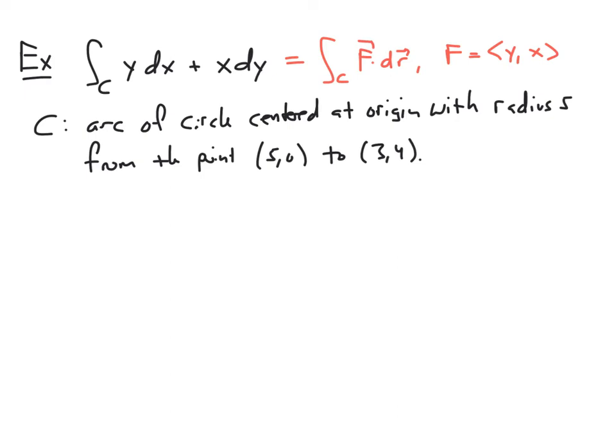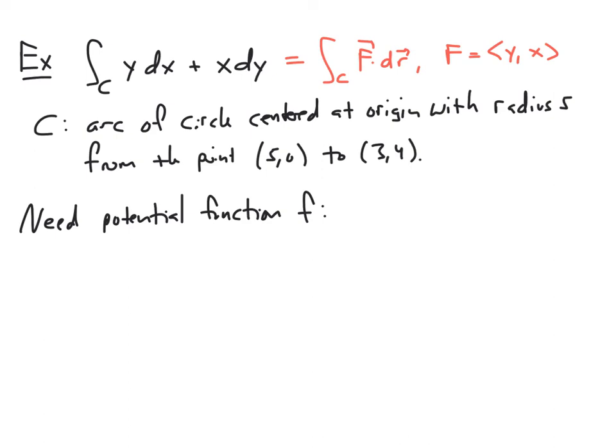So if we want to use the fundamental theorem of line integrals, we do need to know that this is conservative. We need to know this is the gradient vector field for some function f. So our first step is we need to find the potential function f, if such a potential function exists.